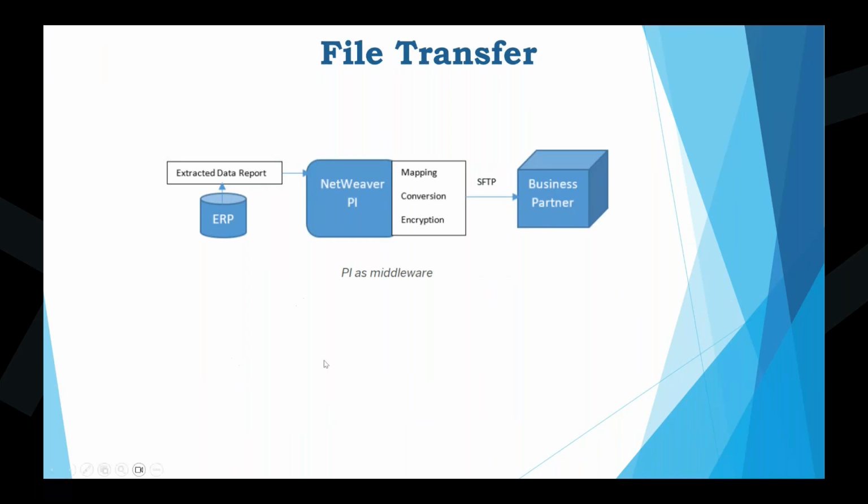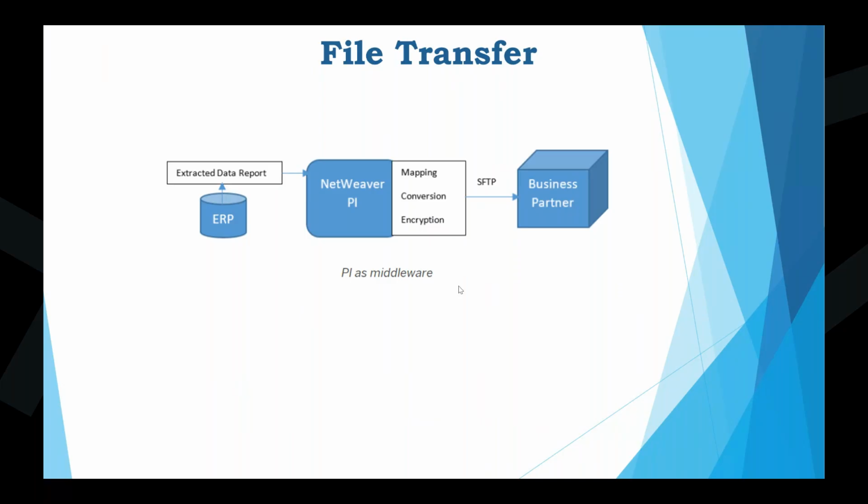Now comes the arrival of PI. The requirement is that we have a file and need to send it to the third party. We extract the file from SAP and send it first to the PI system.